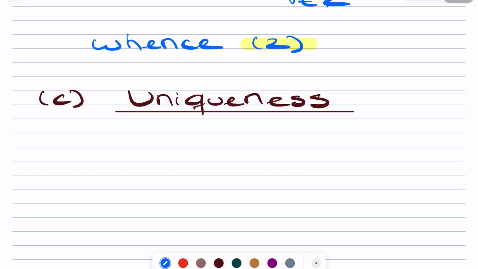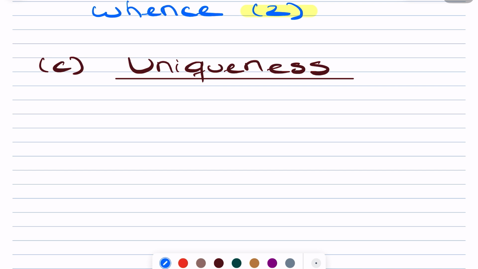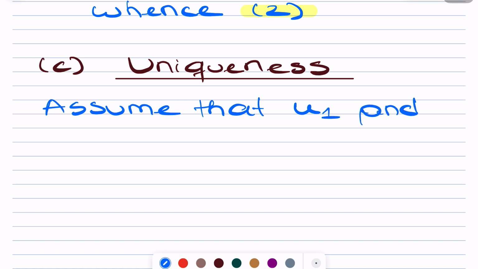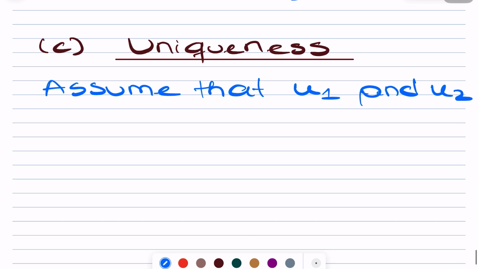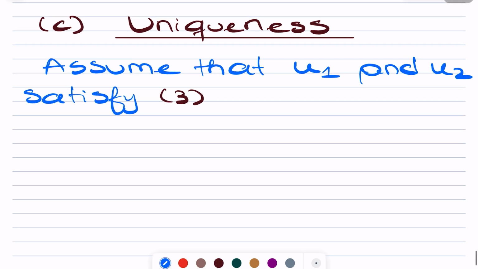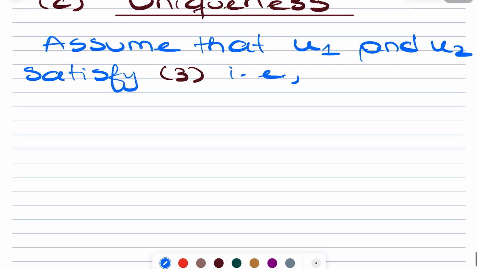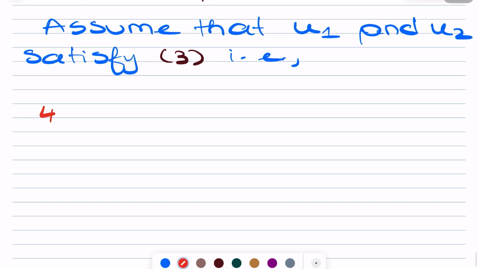So assume that u1 and u2 satisfy 3. So this means, let me just write it, let's put it 4 and 5.